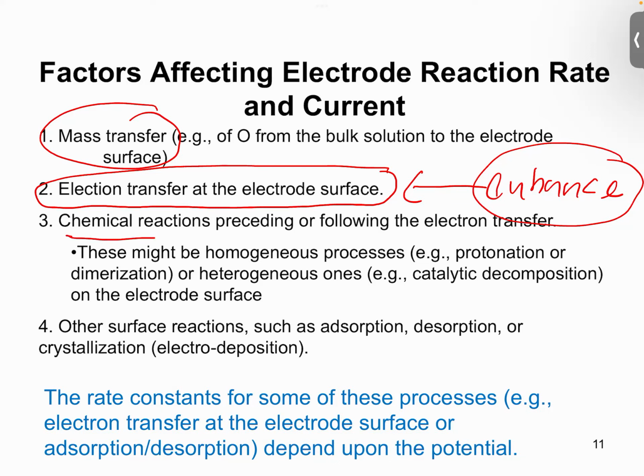Chemical reactions proceeding, okay, they might be homogeneous, they might be heterogeneous, depending on your analyte as well as the electrode of interest. Yeah? The surface reaction such as adsorption, desorption, okay, that one also might happen.